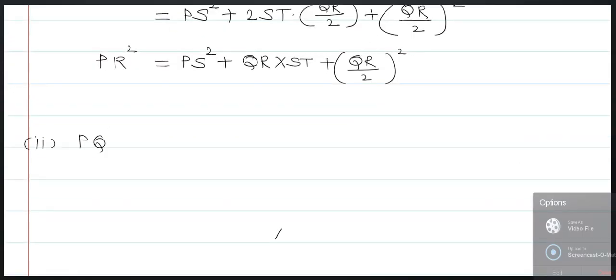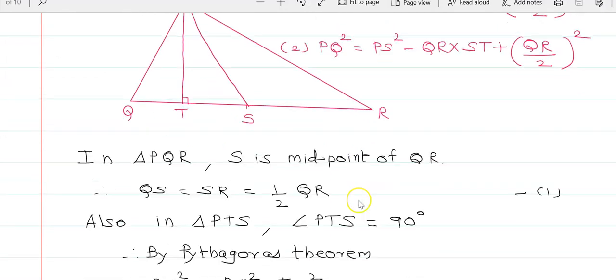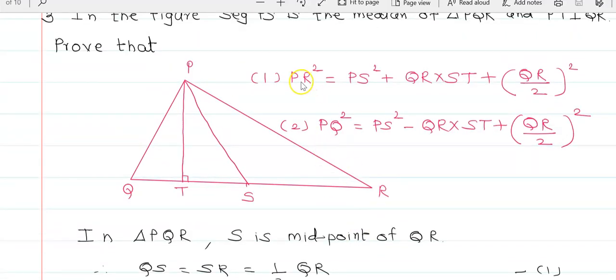This is the first part. Now again I will show you here. Now this is the first result, that is PR square. Now this PR is the side opposite to this obtuse angle. Which is the obtuse angle? That is PSR. Therefore we'll first consider the right angle triangle PTR.